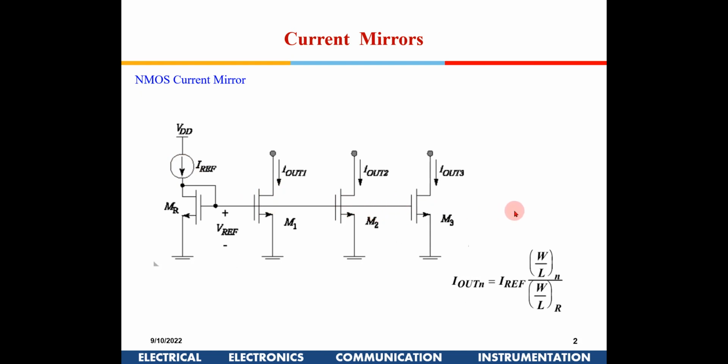So I can use this one I reference to power or bias various circuits in our chip. I can generate various biasing currents, I out 1, I out 2, I out 3, and they need not be I reference, they can be multiples of I reference by appropriately sizing the transistors.